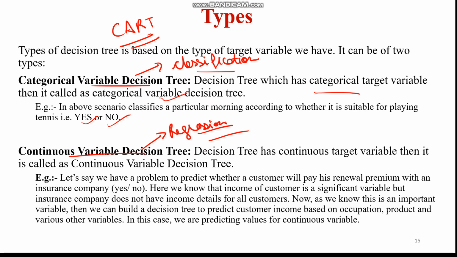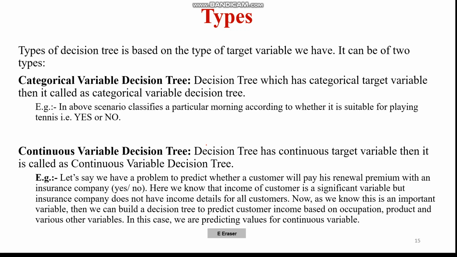When we talk of continuous variables, they are for regression purposes, in which the target variable is continuous. Categorical variables use the method of mode, and continuous variable decision trees, in which regression is performed, provide the result in the form of mean.